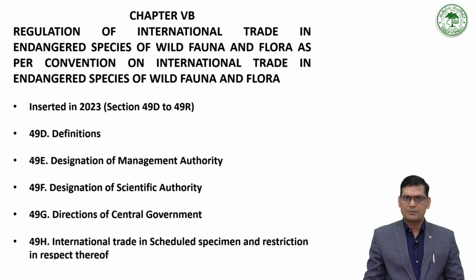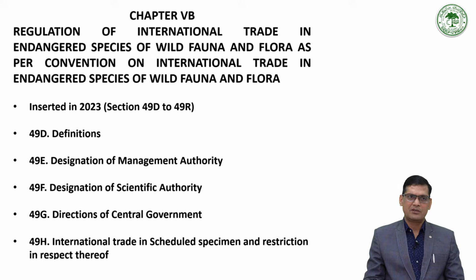Additionally, this provides for regulation of international wildlife trade as per the provisions laid down by CITES. The central government shall form a management authority and a scientific authority to regulate import and export of specimens of species which are found in other countries also, and those countries which are members of CITES.